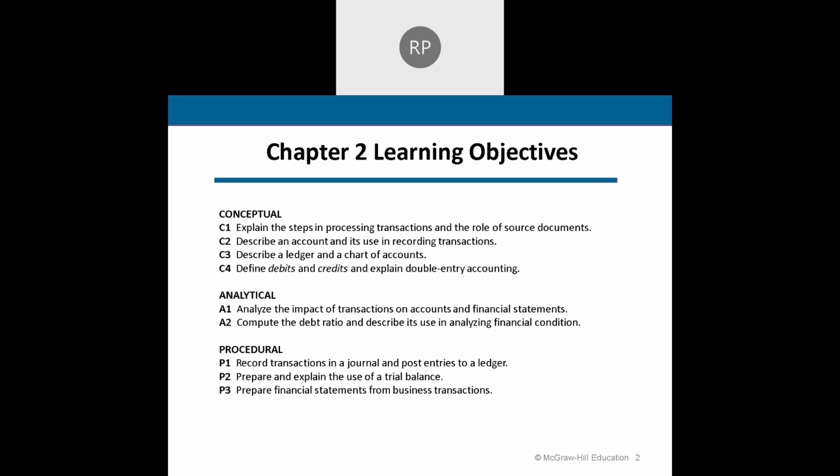The accounting equation can be written differently. We know that the accounting equation is assets equals liabilities plus equity. It can be rewritten like this: assets minus liabilities equals equity.